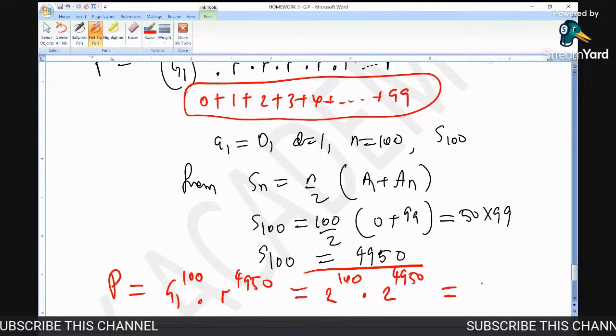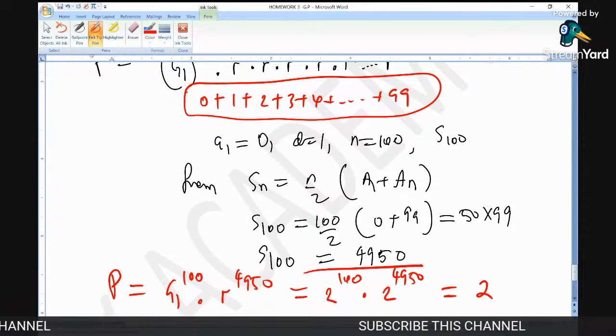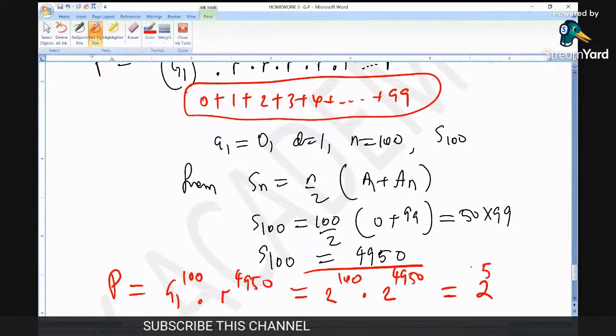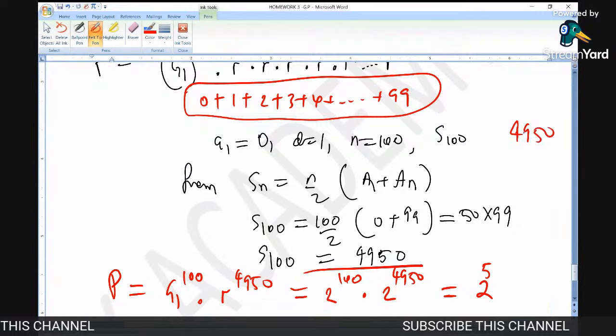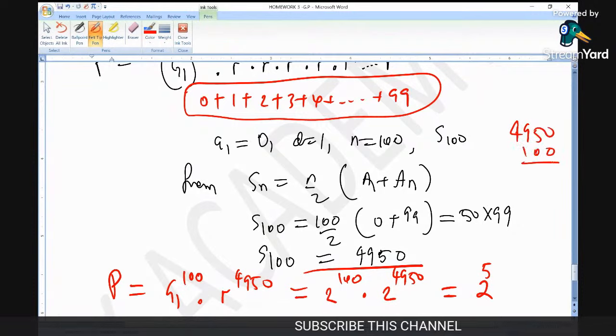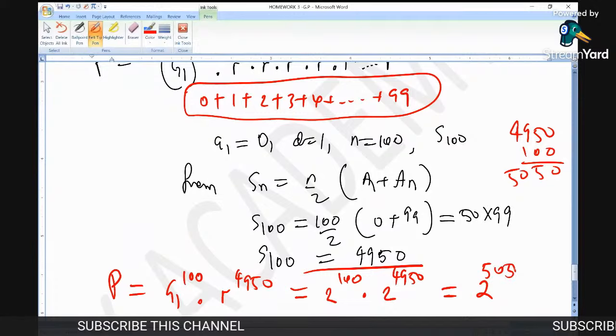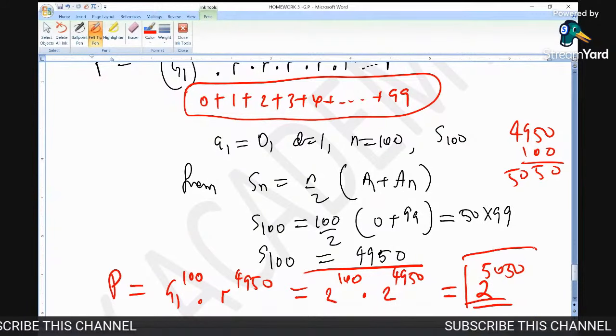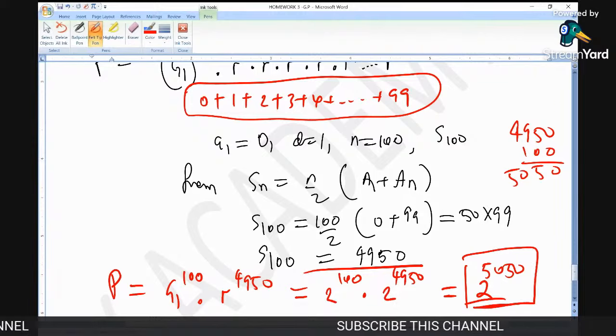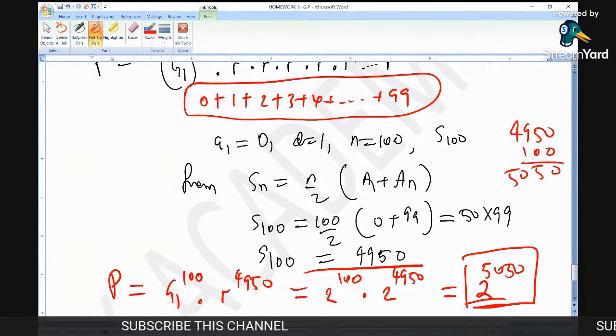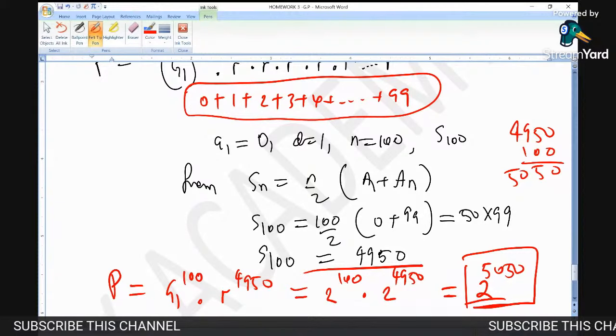Then you are going to add the exponents again. If you take 4,950 and add 100 more, you get 5050. So the answer is going to be 2 power 5050.